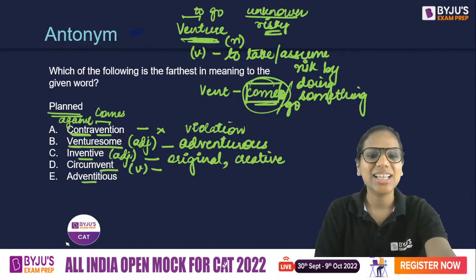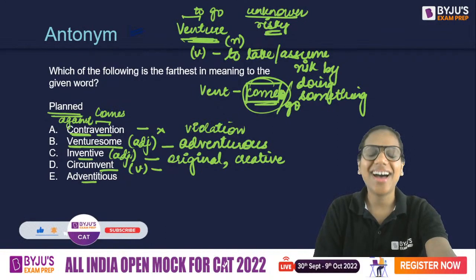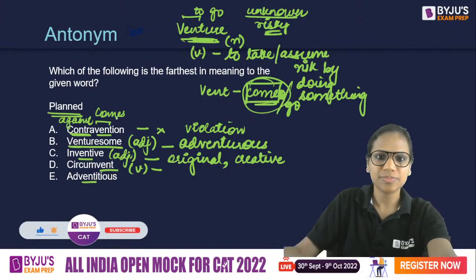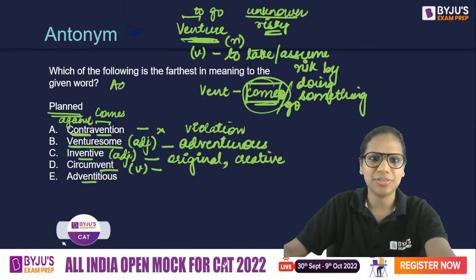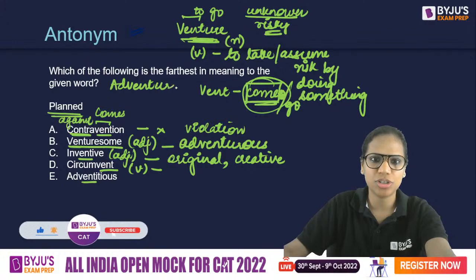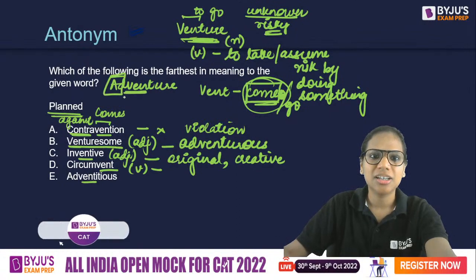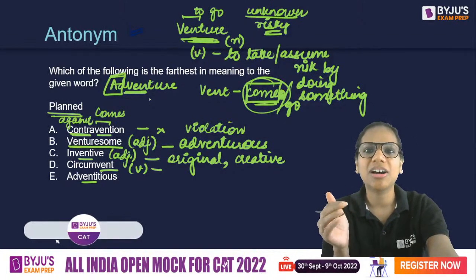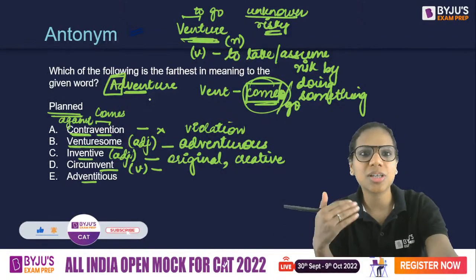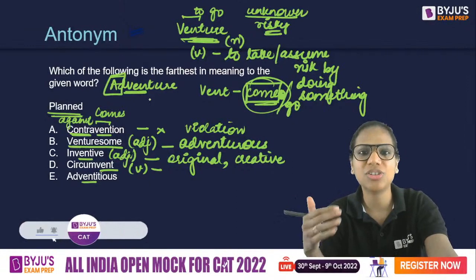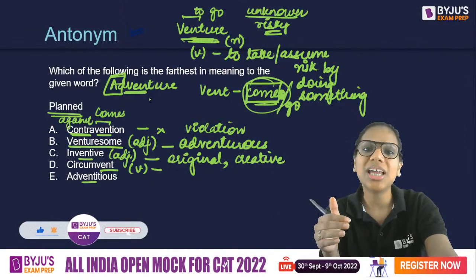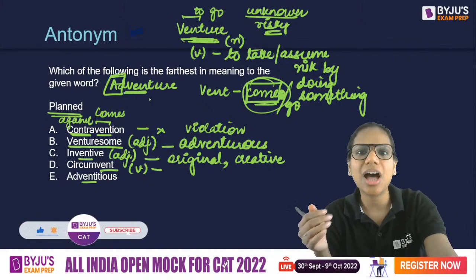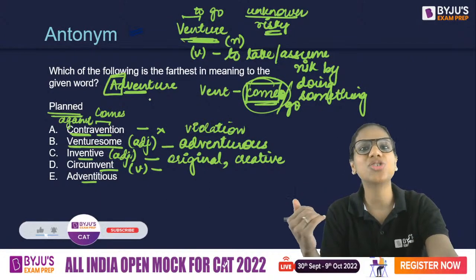Right. Okay. And the last word, adventitious. See, adventure. When I look at just the word adventure, basically it is something that comes to you. When you go on an adventure, in a way, something interesting is happening to you, something interesting is coming to you. Similarly, adventitious. The word means something that is unplanned, unexpected, something that happens by chance to you.